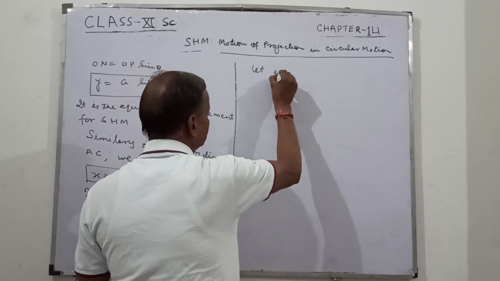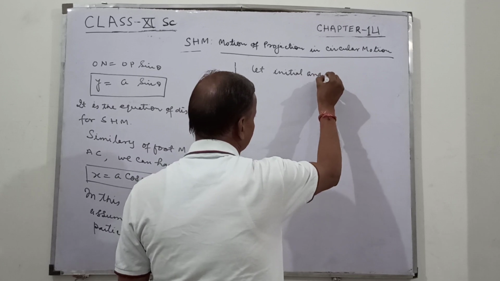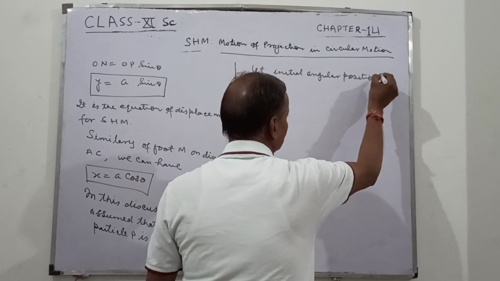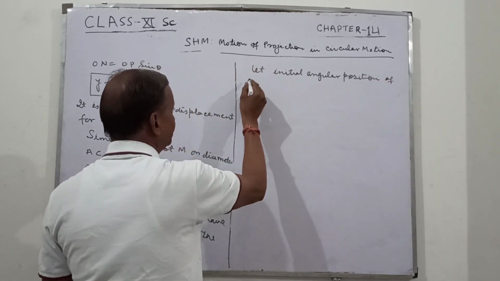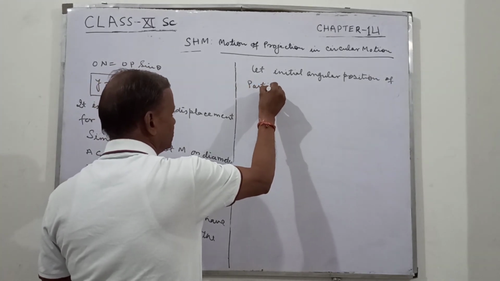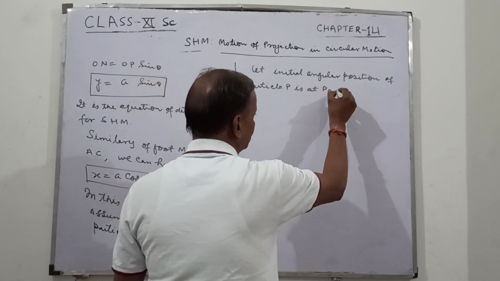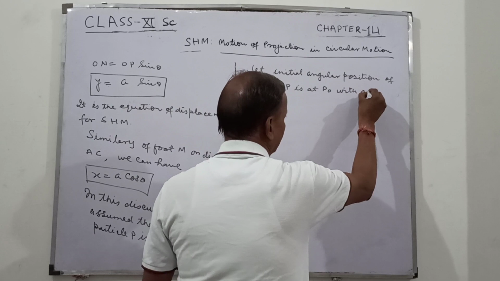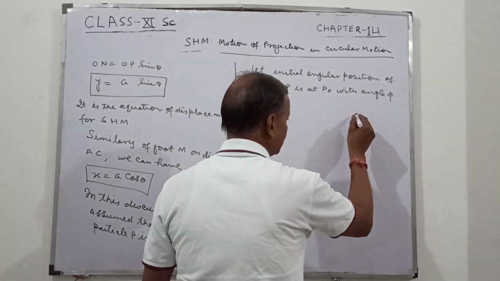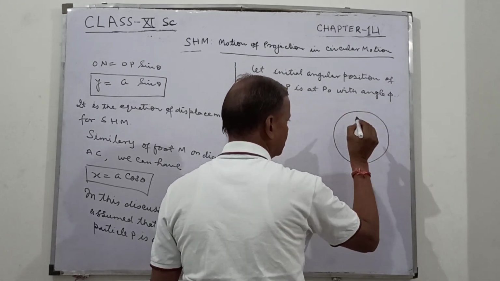Let the initial angular position of particle P be at P0 with angle phi. It means suppose we have taken this circle.